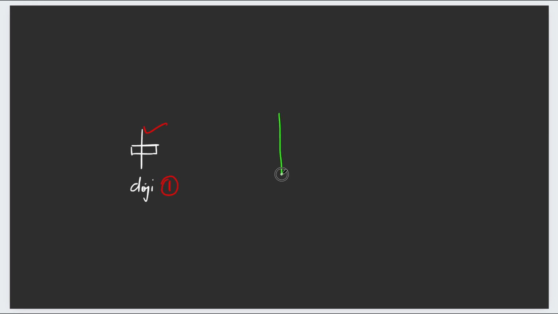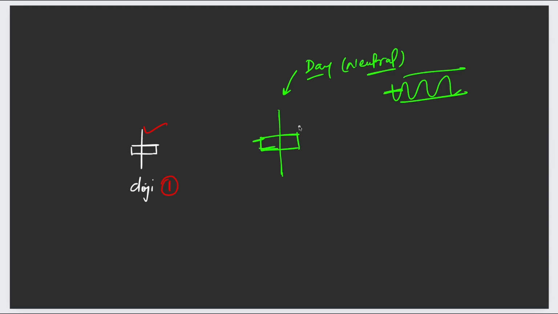Suppose this is a Doji candle forming in the market. This is a previous day candle on the daily time frame, and the candle is also called a neutral candle, as there is no clear winner in this case. It is very important to understand who will be holding their positions. In this case, both buyers and sellers will be holding their positions, right?